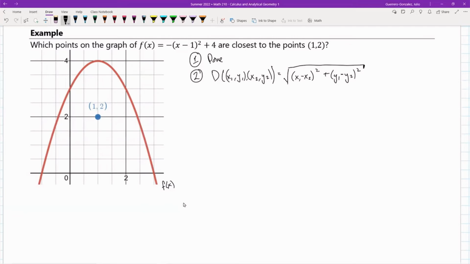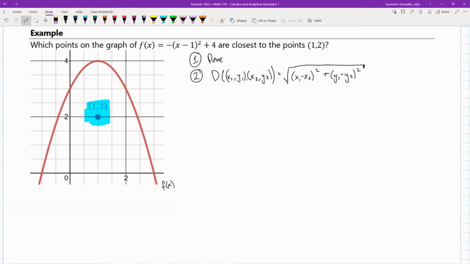Okay, so somehow, some way, we need to minimize this equation. Now the question becomes, what's our constraint, right? The constraint becomes that point right there, right?